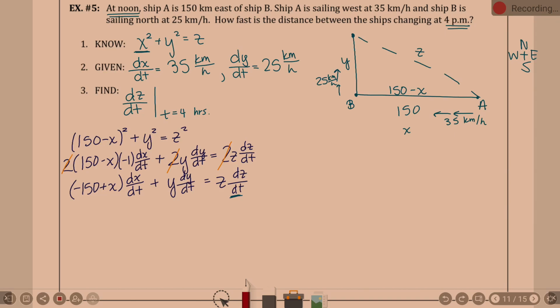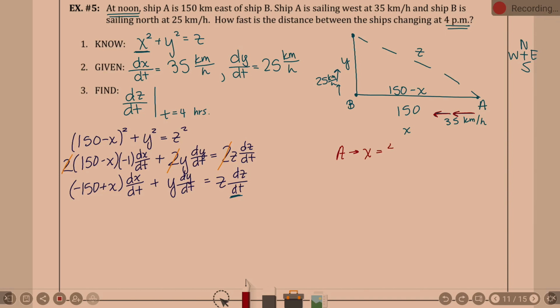So, what do we know about boat A? Let's start with boat A. Boat A was going, I know, I'm saying left. It's not left, it was west, right? But going left or west. And at 4 hours, how far will it have traveled? 35. And this is where we're going to do the 35 times 4, right?